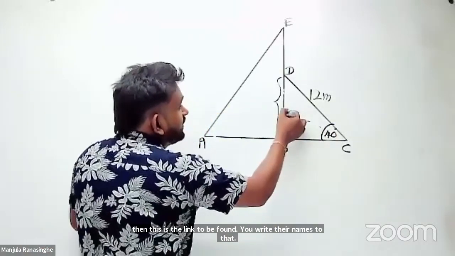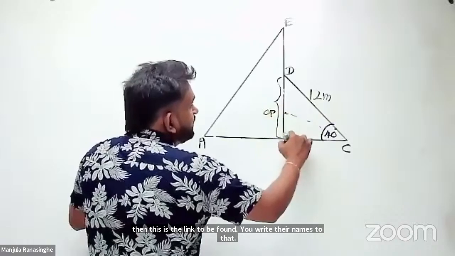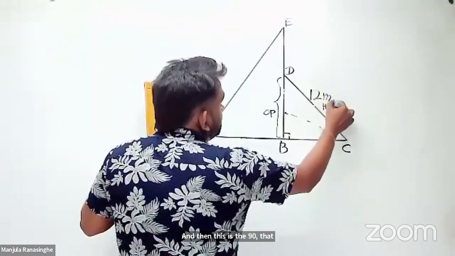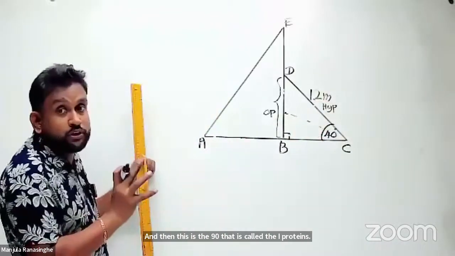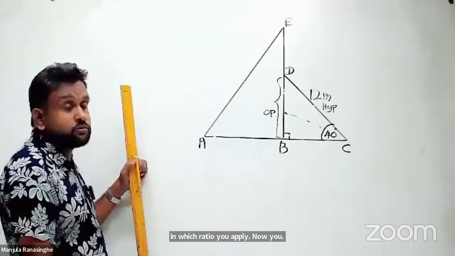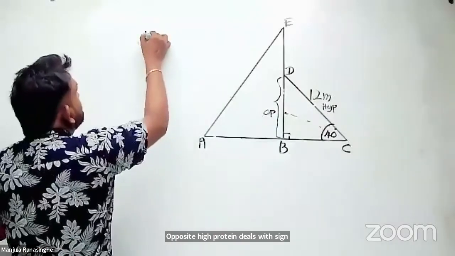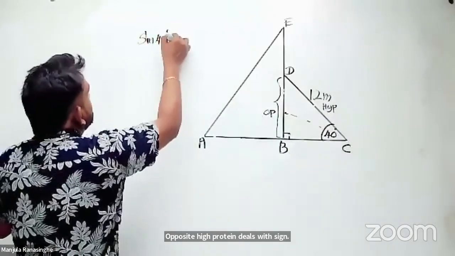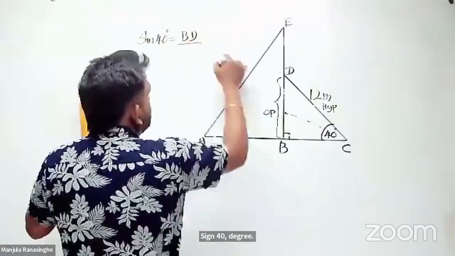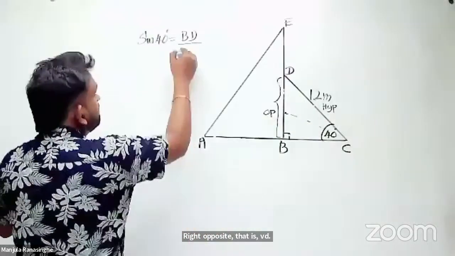With respect to the angle, that is the opposite side, and the side in front of the 90 degrees is called the hypotenuse. Which ratio do you apply? Opposite and hypotenuse deal with sine. So you apply sine 40 degrees equals opposite, that is BD, upon the hypotenuse. The hypotenuse is 12 meters.